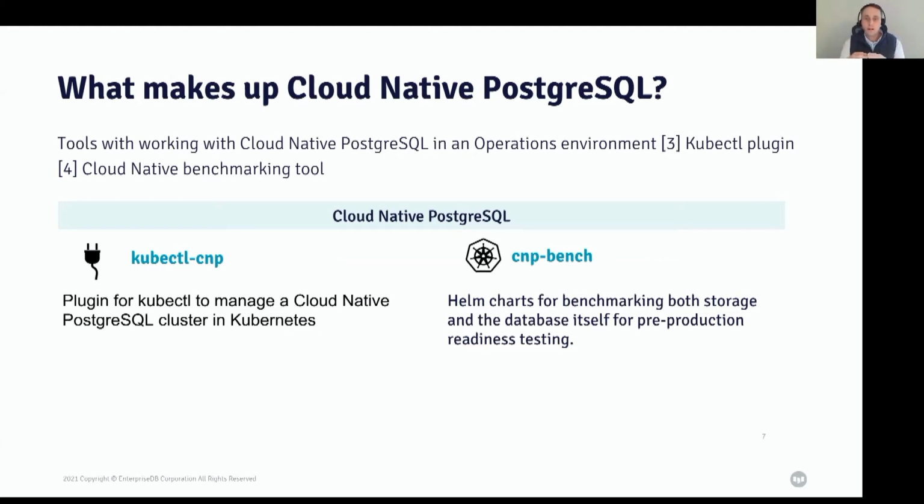We also have a plugin for kubectl that allows you to get cluster status results targeted towards CNP users, and we've added additional commands that perform various actions, such as generating an SSL certificate for your application to database communication. And if you need to take operational actions, such as promoting a standby, you can do that with the kubectl CNP plugin. I'll show that in a demo here shortly.